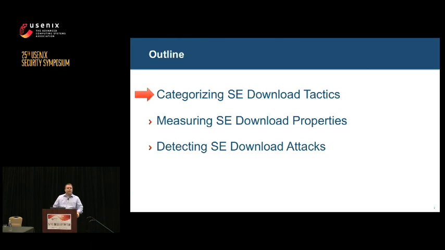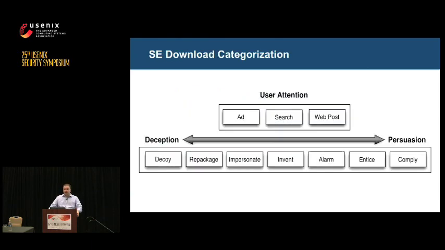So let's start with the categorization system. An attacker that wants to use social engineering really needs to do two things. First, they need to gain the user's attention. And once the user's attention has been gained, they need to convince them to voluntarily download and install the software.